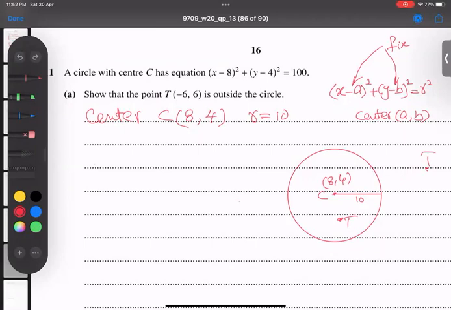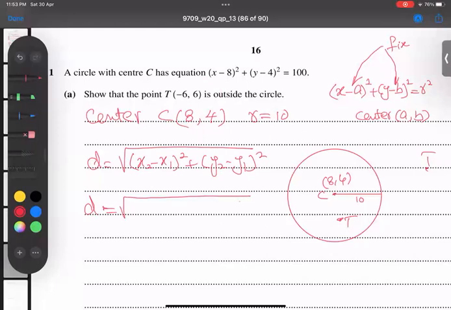So find the distance using the formula, all of you know it: square root of (x2 minus x1) whole squared plus (y2 minus y1) whole squared. And applying the formula to these 2 points, label any way you like. So I'm writing here x2 is 8 minus 6 whole squared and 4 minus 6 whole squared. This becomes 8 plus 6, 14, 196. And here I get 2, so 4.